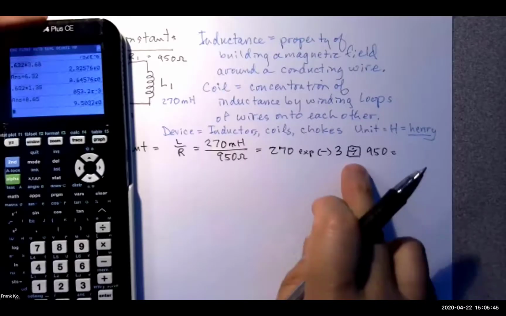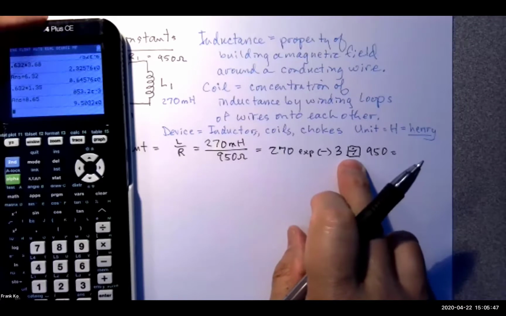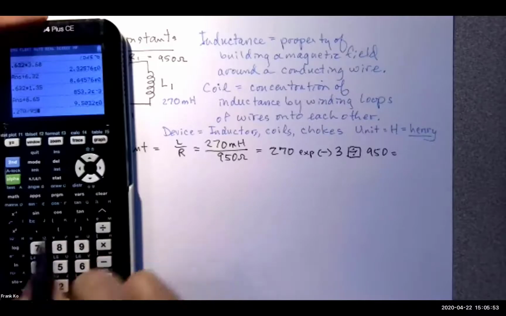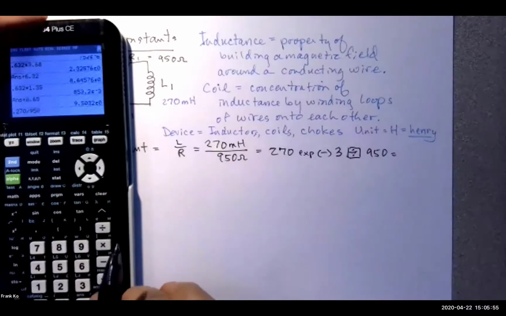This is a divide, my friend. Yeah, divide. 0.270 and divide by 950.